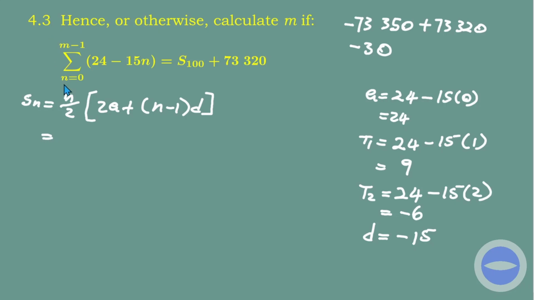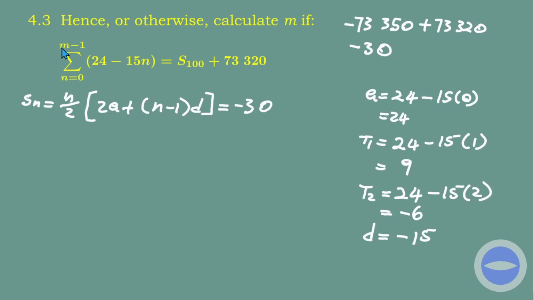And now we substitute. Because this is the sum, and it equals the sum of 100 terms plus 73,320, here we can say this is the same as negative 30. So I don't have to write the equal sign here, because this negative 30 is equal to the sum. Because we are solving for m, where there is n, I will put m.